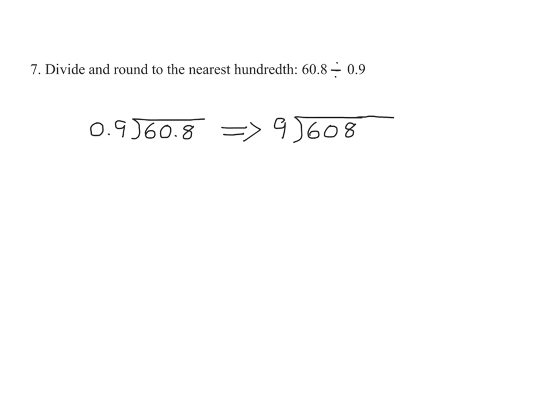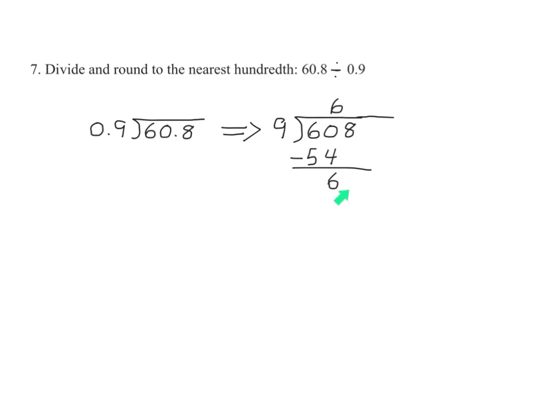And we ask ourselves, how many times does 9 go into 60 at most? And the answer is 6, since 6 times 9 is equal to 54. And we subtract, which leaves us with 6.